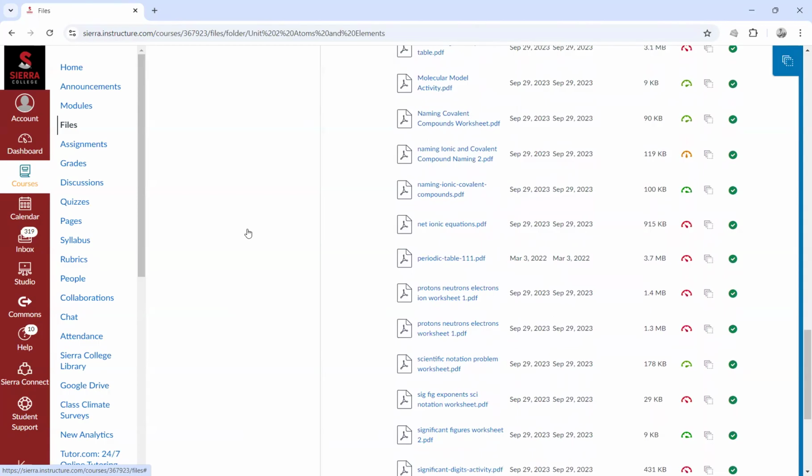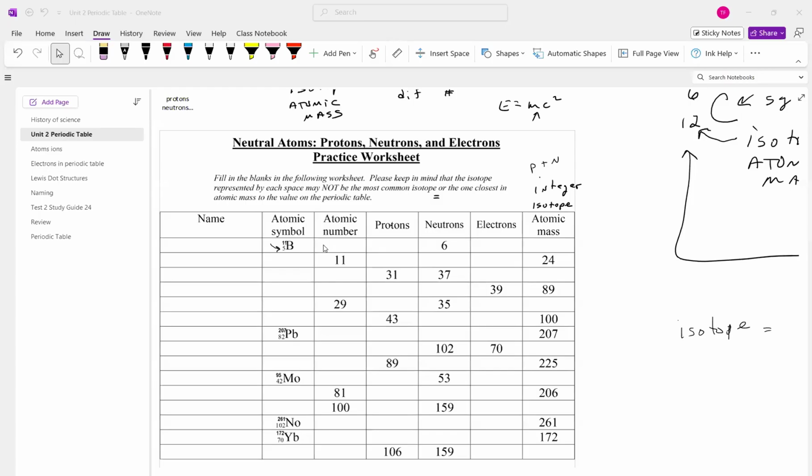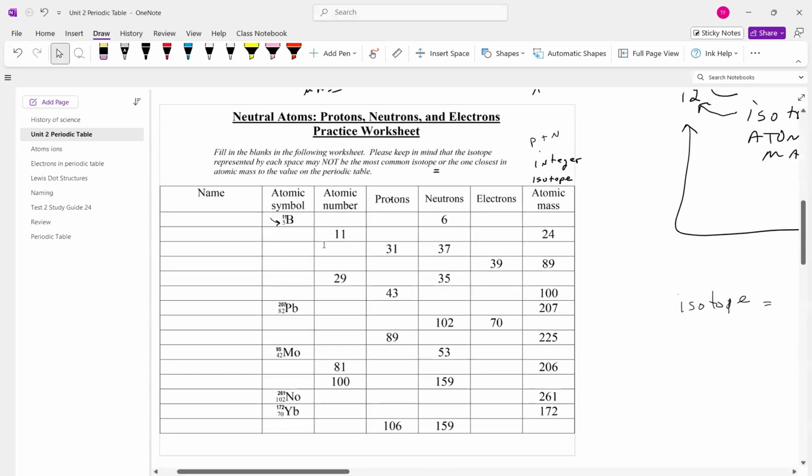Okay, it's these two right here. This guy and this guy. Protons, neutrons, electrons. There's a neutral one and an ionic one. Okay, so that's what this is here.